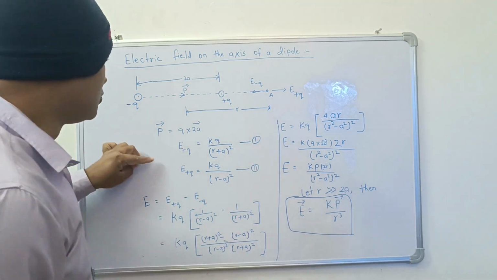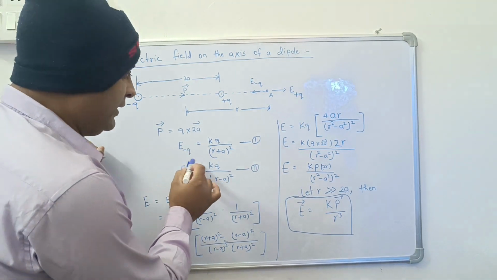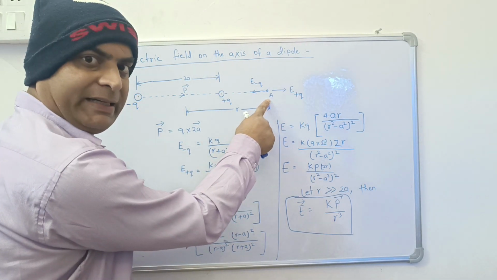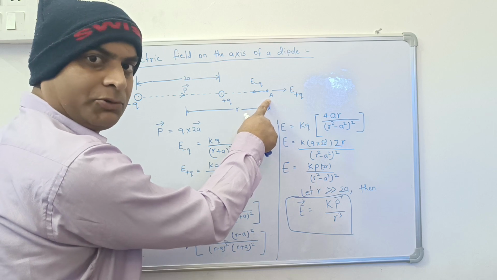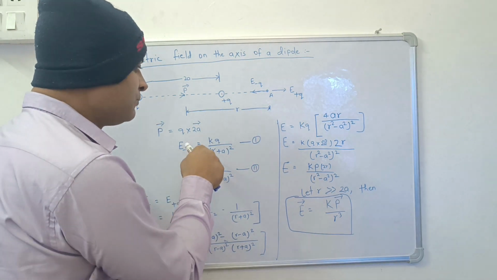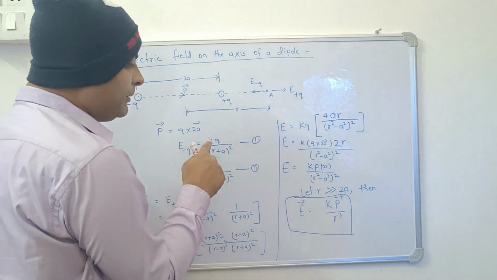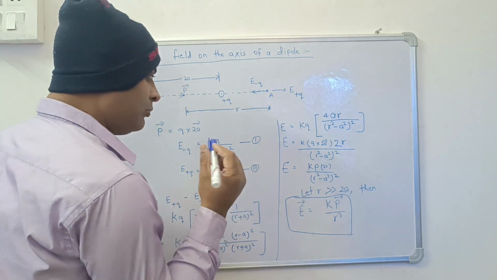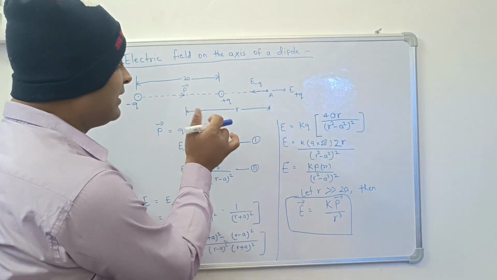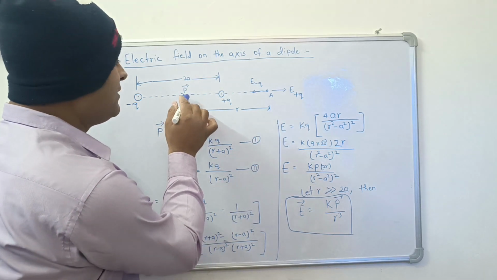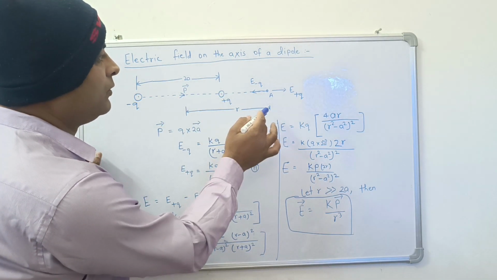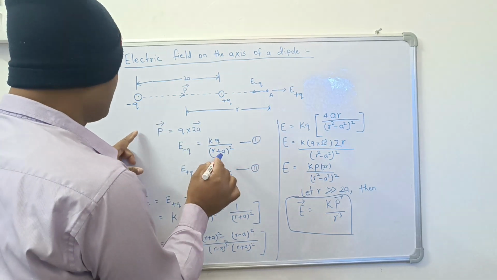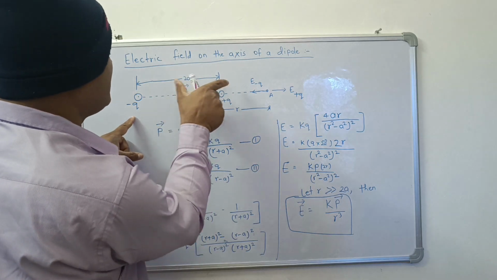This is important, so please watch carefully. From the center of the dipole to this point the distance is r, and the minus Q charge is at a further distance a, because the total separation is 2a.